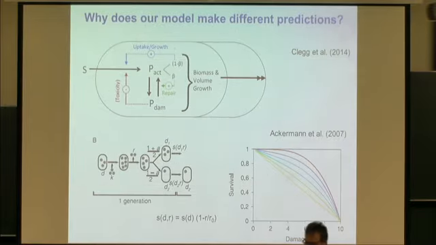Okay, so why does our model make the opposite predictions to previous models? I think the key reason is, so we have also re-implemented the Ackermann model to look at this question, but the key reason is that in the model by Ackermann, the cells are not actually growing. They are stepped every generation and divide every generation, but they don't grow. In our model, if repair returns damaged protein into active protein, this allows the cell to grow faster immediately, resulting in a cell division earlier.